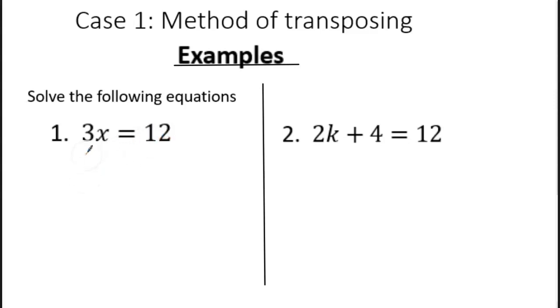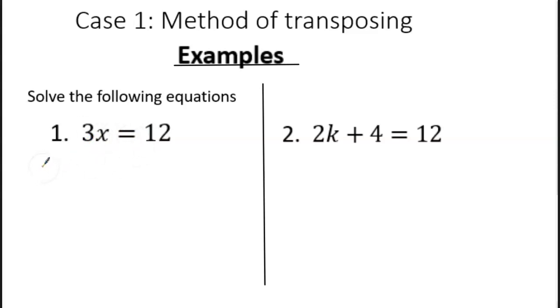Now we want to find x. So if we want to use the method of transposing, then we need to move 3 to this side so that we get x here. When the value that we want to move to the other side is multiplying another term or variable, then you divide.